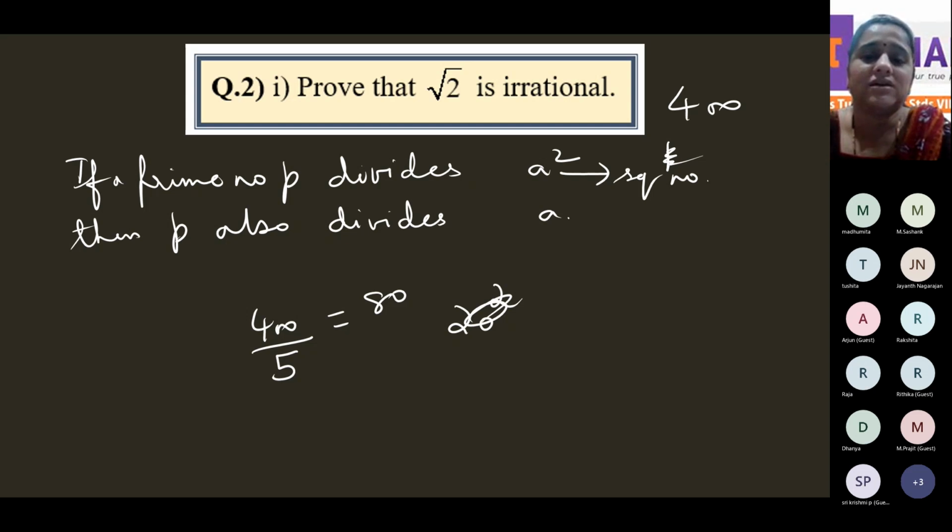How are they related? A square is a square number, a is the square root. If a square is 400, a is 20, because 20 into 20 is 400. If a square is 169, a is 13. If a square is 36, a is 6.